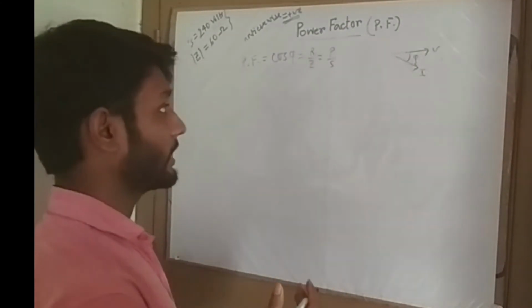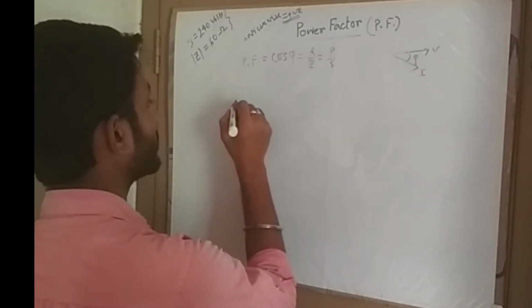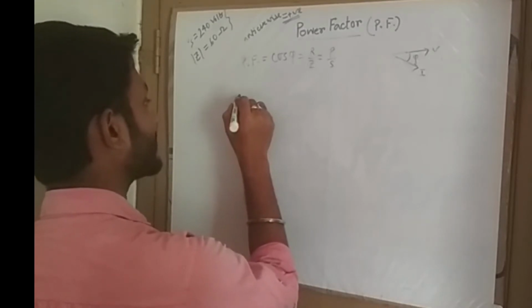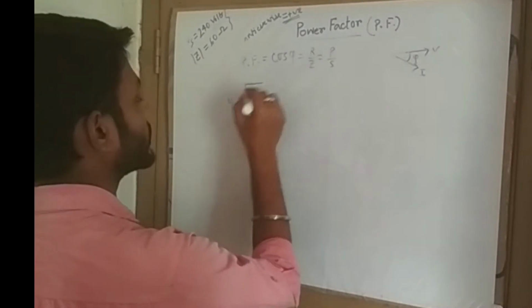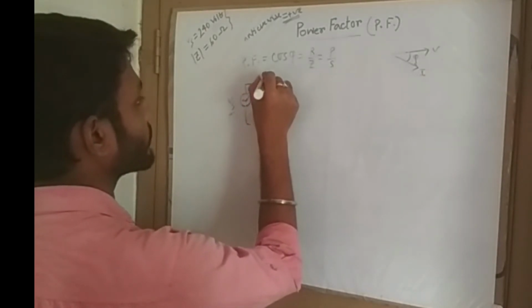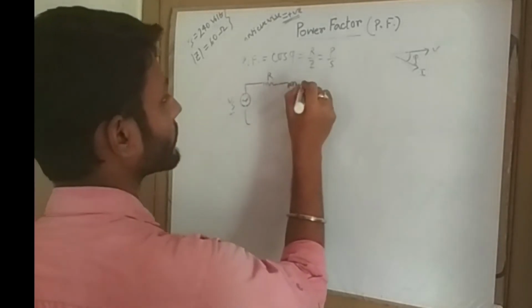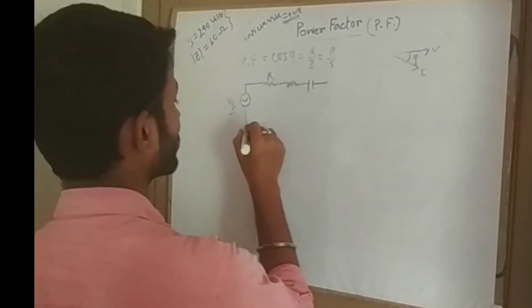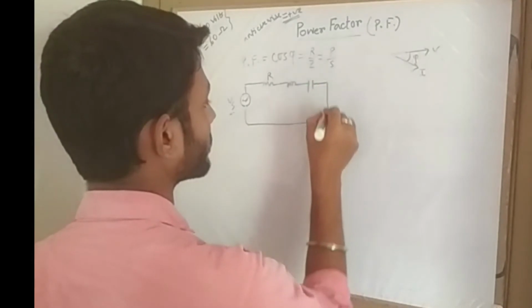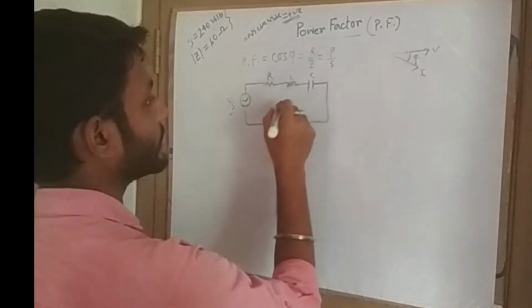For the voltage triangle, for a series circuit, suppose this one is supply voltage, here is resistor, and for inductor, capacitor.